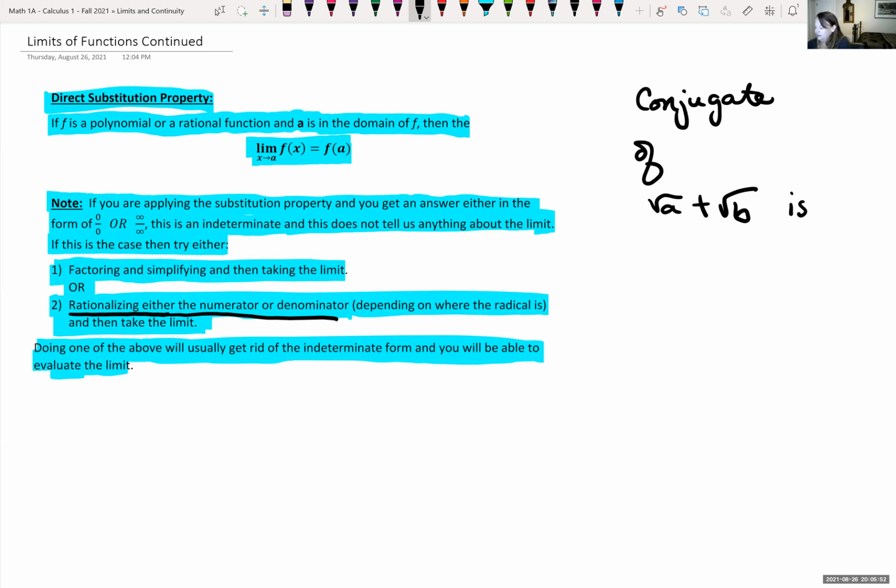So that would be the square root of A minus the square root of B. So we changed the signs between the two terms.